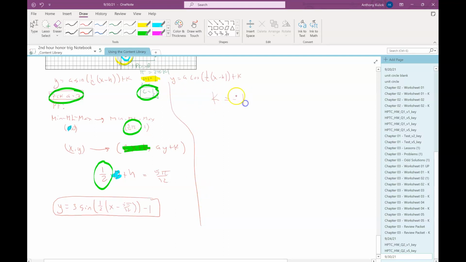So the K stays the same. The amplitude is going to stay the same. The C value is going to stay the same. But the C value at the top there is 1/2. Perfect, yes. So that's 1 over 1/2.